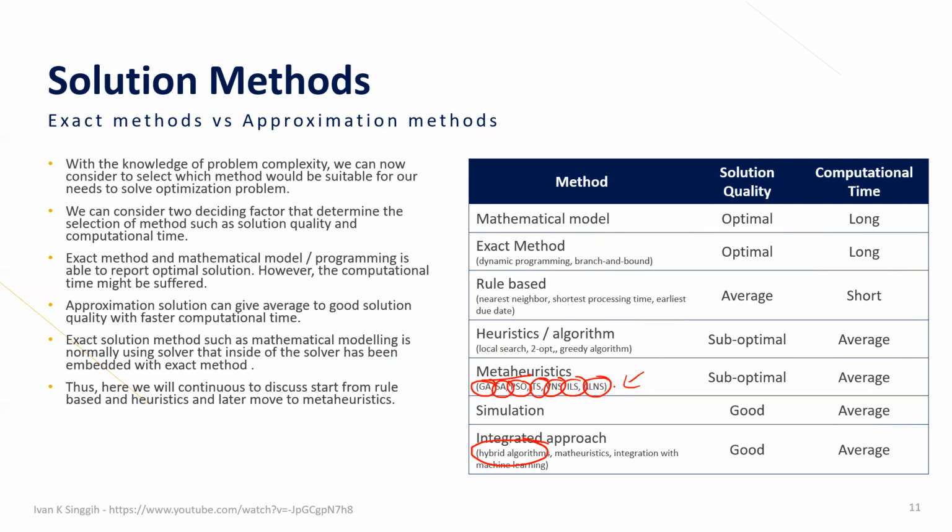So how do you choose? Sometimes it's another optimization problem, but there is a trend of combining the good properties of one metaheuristic with another metaheuristic, hybridizing those properties, and it becomes hybrid algorithms. That's another advanced integrated approach in solution methods for optimization algorithms.